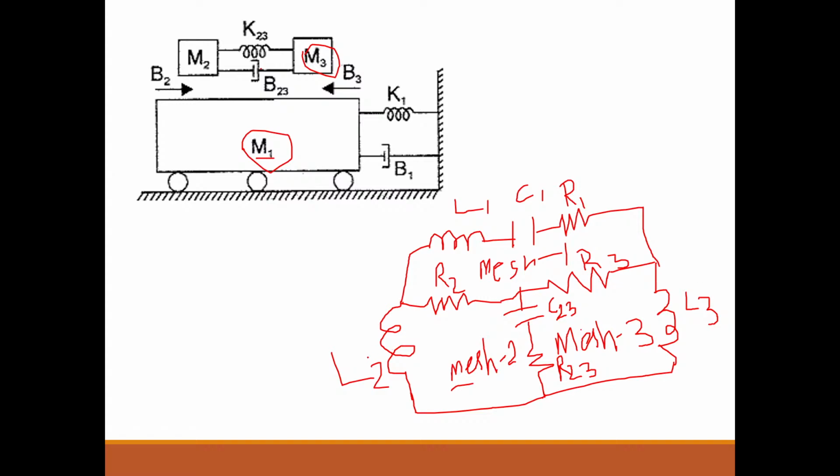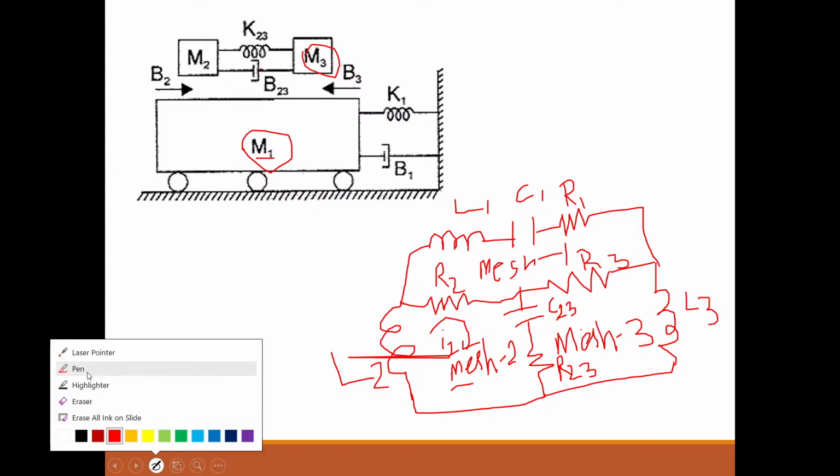Your wish, you can assume any direction. You can assume loop current. You just mention some arrow mark and write down in mesh 2 the loop current I2, small or capital, your wish.